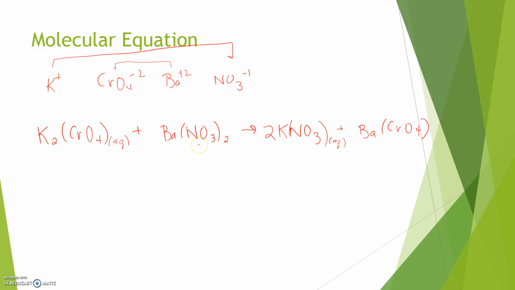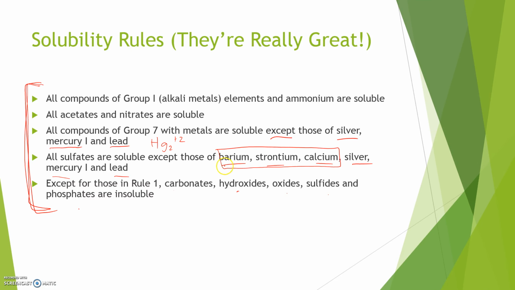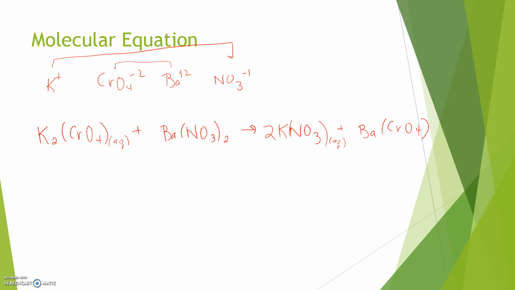Here I have barium and nitrate, and I know I had some sort of rules about barium. Well, barium precipitates, but only with sulfate. But nitrates are all soluble. So this one is going to be aqueous. So we have aqueous, aqueous, aqueous, which means that barium chromate must be our solid.